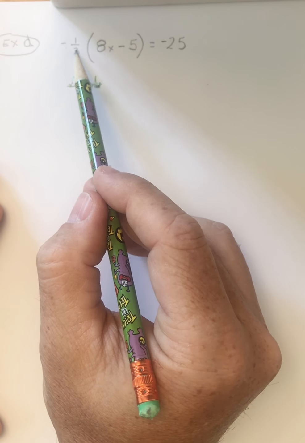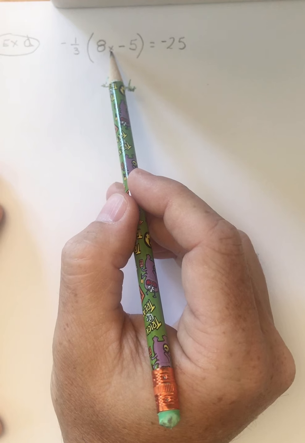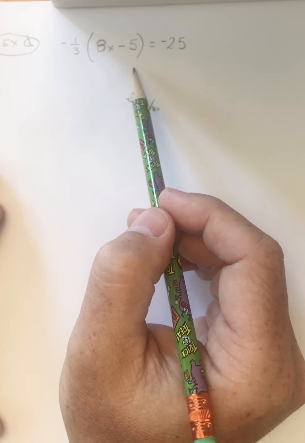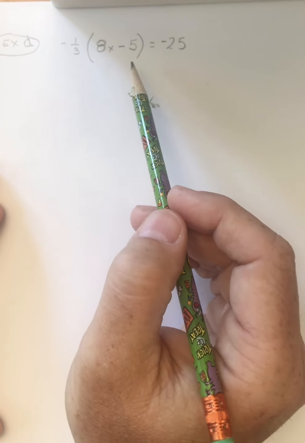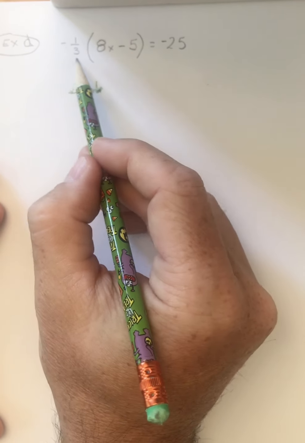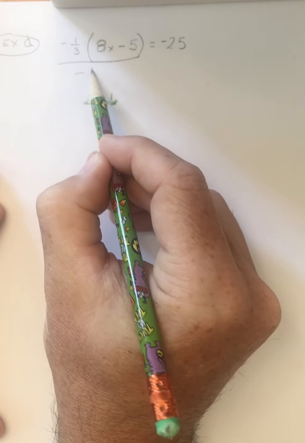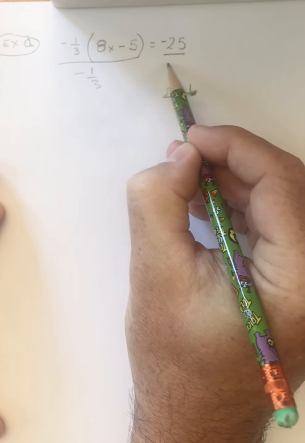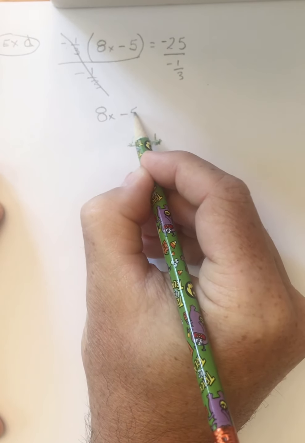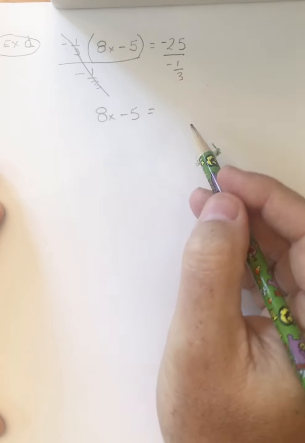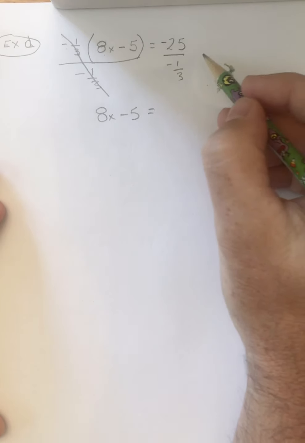This is going to be negative 8/3 x plus 5/3 in here. That's going to be a mess. However, if you do it the way I just showed you, divide both sides by negative 1/3. This becomes 8x minus 5 over here equals, now we might have to do a little side work here.